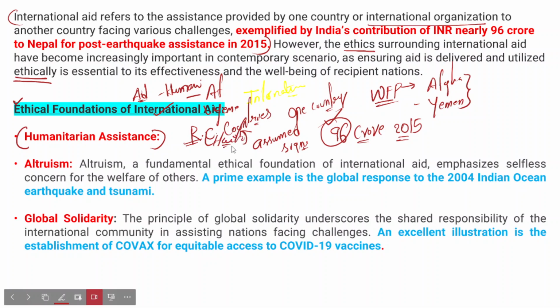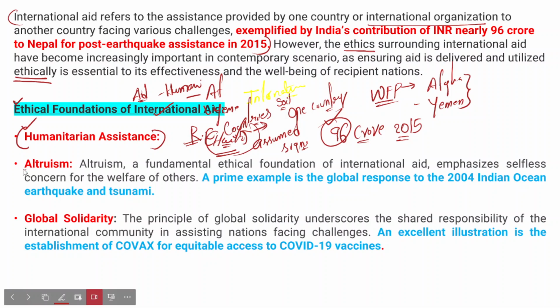Haiti is a very poor country, and we have seen in the news that people in Haiti have been eating biscuits made of raw soil. So in this context, one ethical foundation behind international aid is humanitarian assistance.